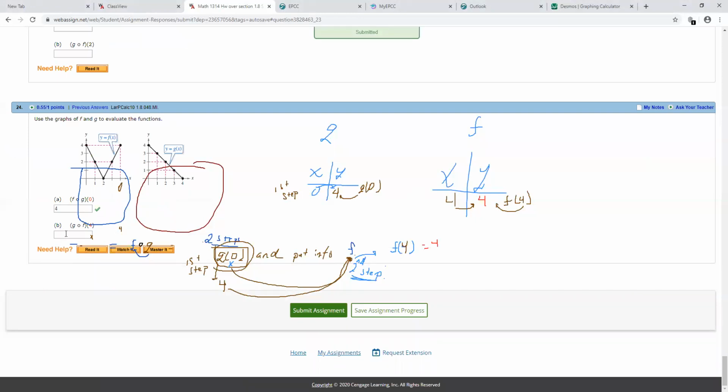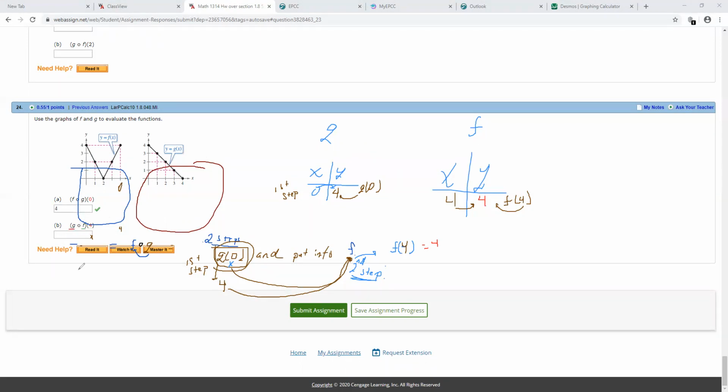And last one. Do this one. I don't know if I want to clear all that yet. So let's do this one. So we have F, and we have G. So we do this.